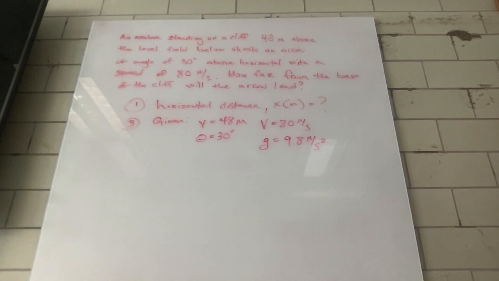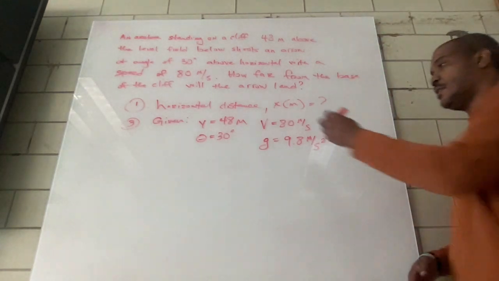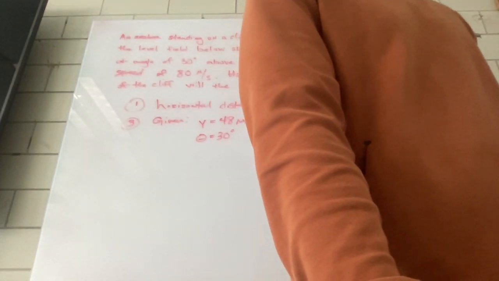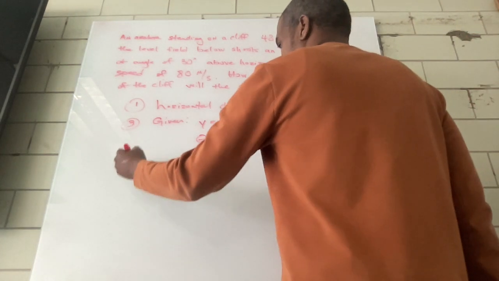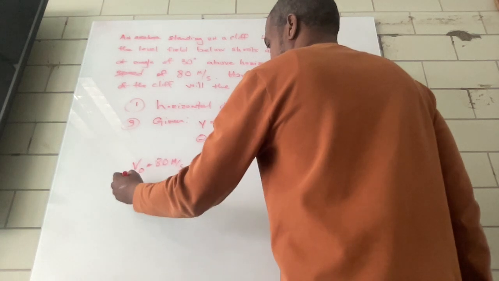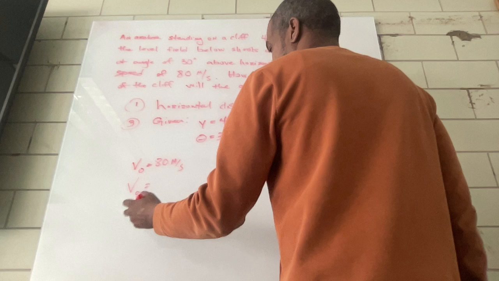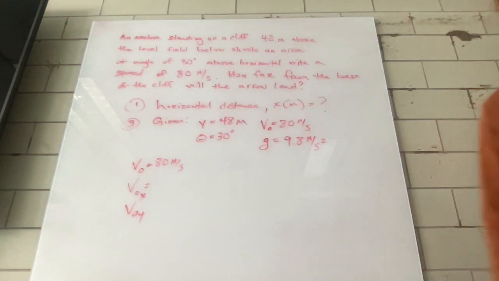All right. Now what? First thing we should do. This is the initial speed. So what should we do with that? Break it into X and Y. So V0 is 80. V0X and V0Y. Let's draw the diagram, which is step 4.